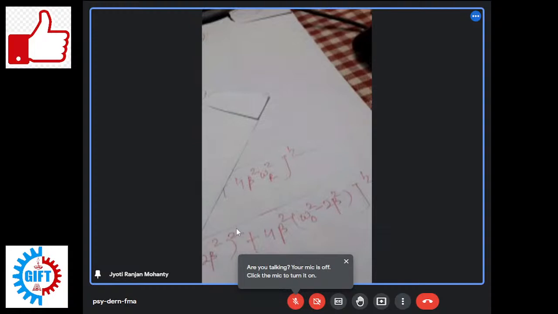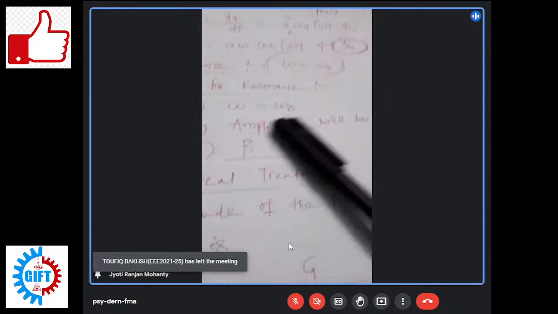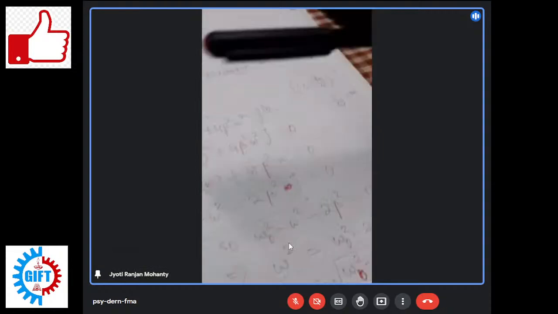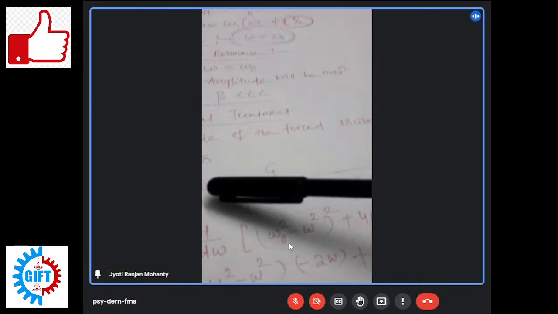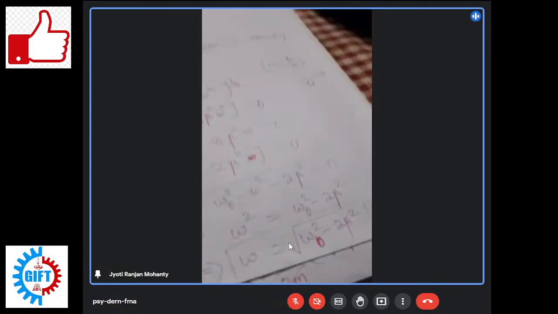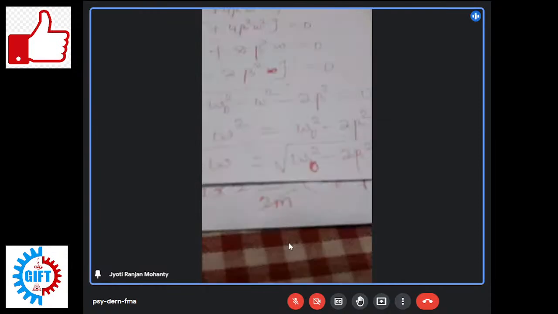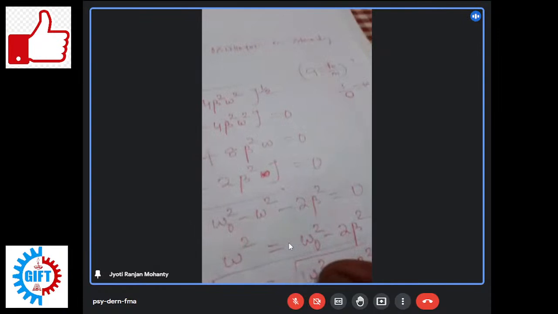So here, omega is equal to omega naught, amplitude will be maximum, beta is very small, and we have done the analytical treatment. By taking the amplitude of the forced oscillator, we got omega is equal to the square root of omega naught square minus 2 beta square, which is equal to omega r.